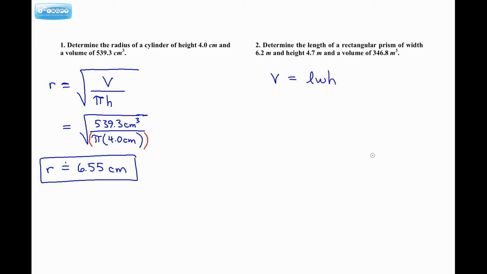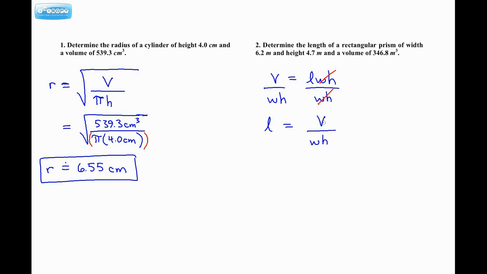But it's the length that we're after. So I'm going to divide both sides by WH. So that cancels here. So the length of a box is just its volume divided by WH.